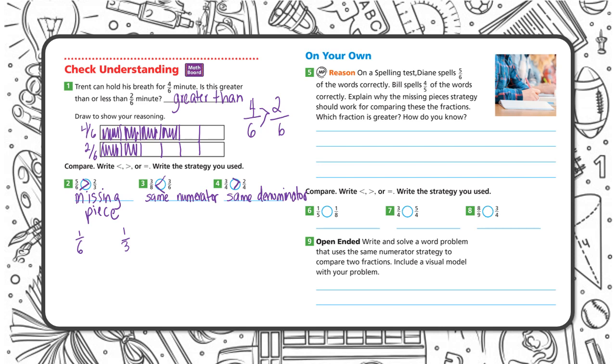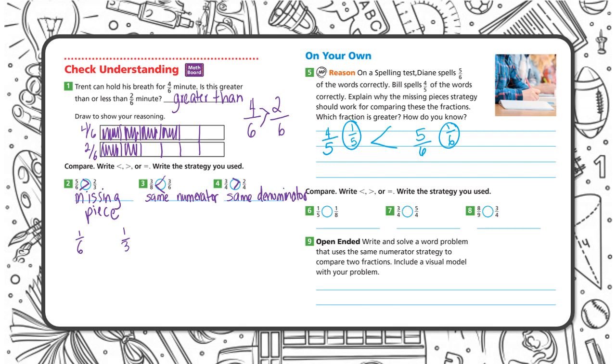And if I compare those pieces, so let's write 4/5 and let's write 5/6. 1/5 is missing and 1/6 is missing. I know that 1/5 is a greater missing piece than 1/6. So that means that 4/5 is not as close to one whole as 5/6. So 5/6 is greater.